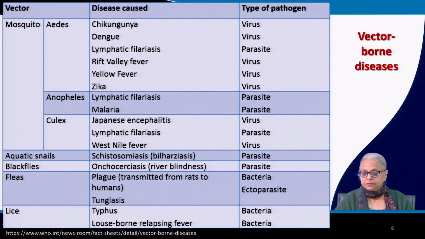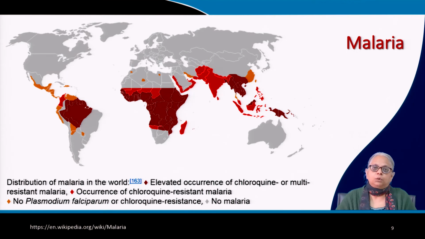I will stop at this point and let's take a look at malaria. Our country is one of the countries that are fairly severely affected by malaria. It's been around for God knows how long, but you can see here in this map the distribution of malaria all around the world. Now, all areas of the world are not equally affected by this particular disease.